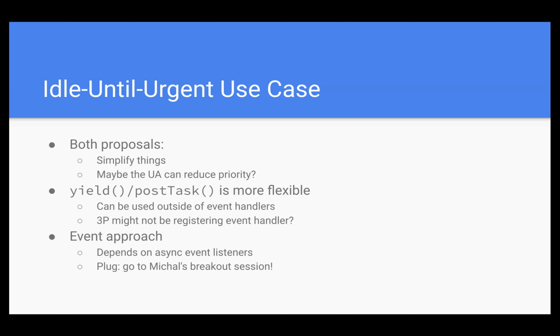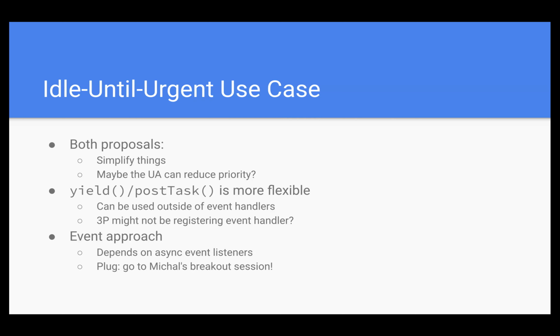If you need to do anything ahead of time, that approach might not work. We also don't quite have async events yet, but Michael is doing a breakout session tomorrow on whether we can do async event listeners and what that would look like. So maybe there's some sugar later if we were to pursue a solution here.